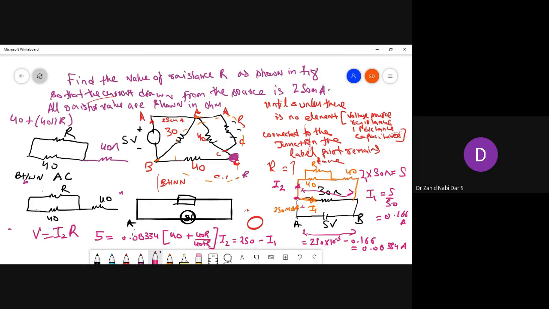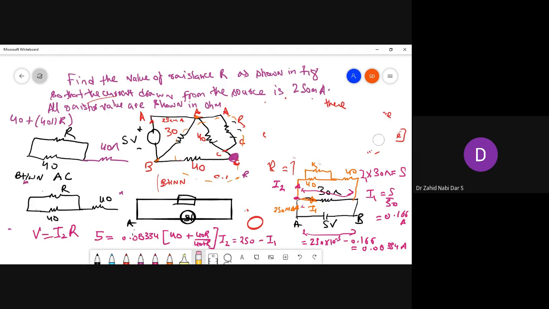Any doubts? So what will be the value of R? 5 equals 0.08334 times 40R by 40 plus R, plus 40.